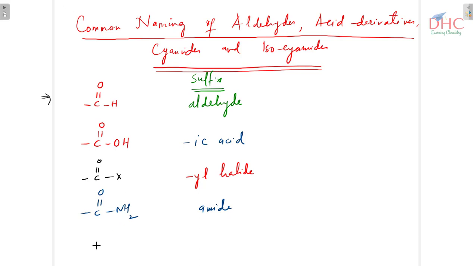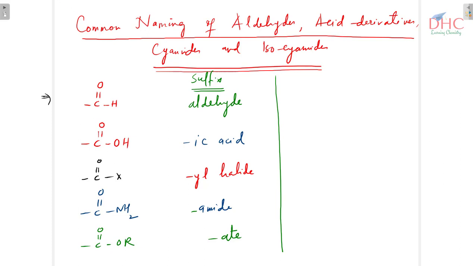Then we have the next one, that is C double bond O OR. It is the ester group. The suffix used is ate. And now you have to remember one important thing, that is the R of the ester, you have to name this alkyl group first.